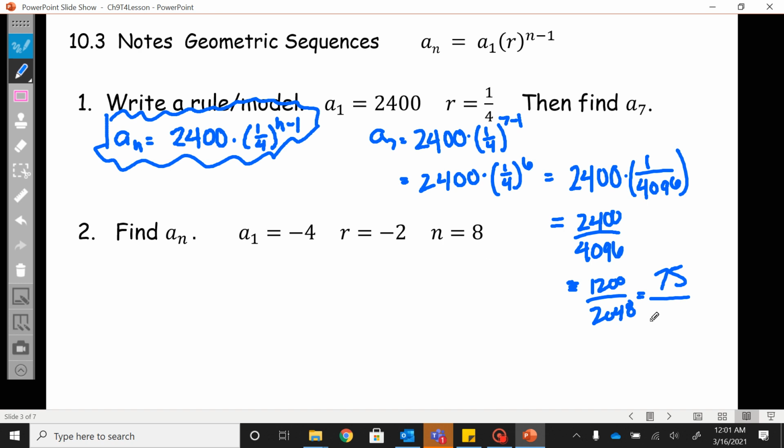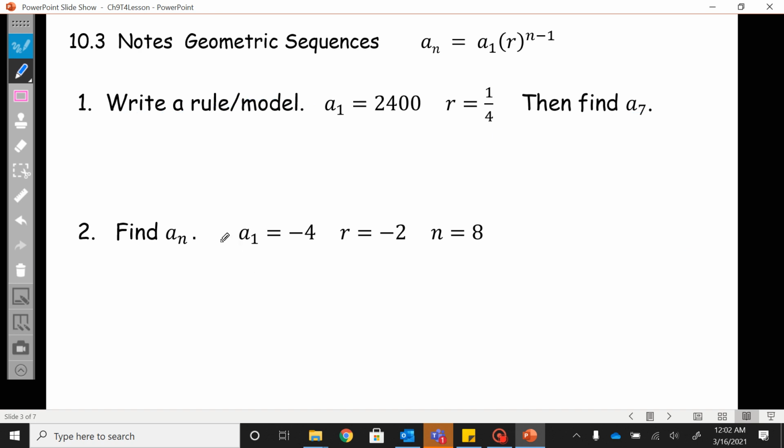And 16 goes into 2048 128 times. And I think this is simplified because the only things that go into 75 are 5 and 25 and 3. 25, yeah, 25 times 3. And I don't think 3 goes into 128. No, it doesn't. And 5 definitely doesn't. So this simplifies to 75 over 128. That would be the seventh term, 75 over 128.